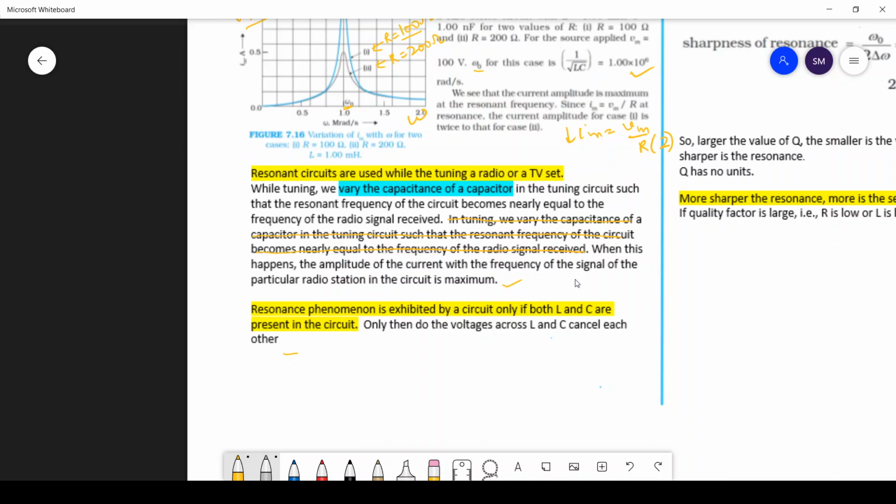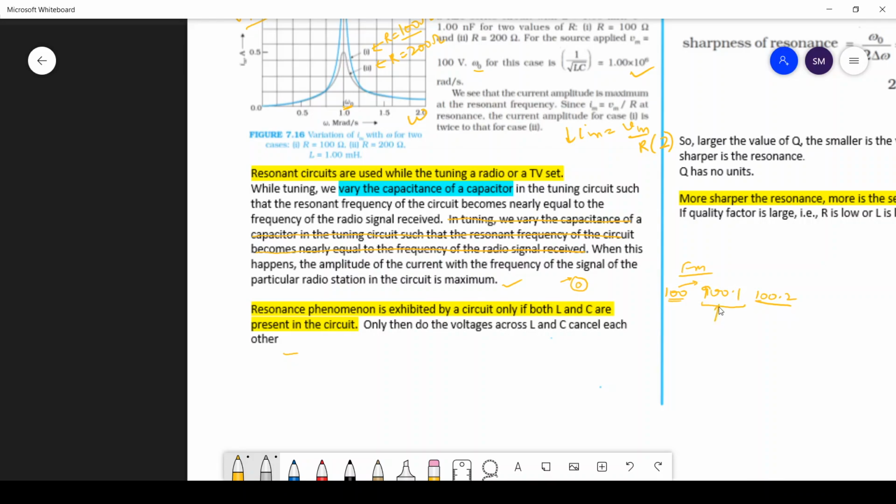Sometimes you can see, when you are tuning the radio, say you are tuning 100.1 FM Gold, before 100.1 you will start listening to some little voice, but that is not clear, but at 100.1 it becomes clear, and then again at 100.2 it will become unclear.